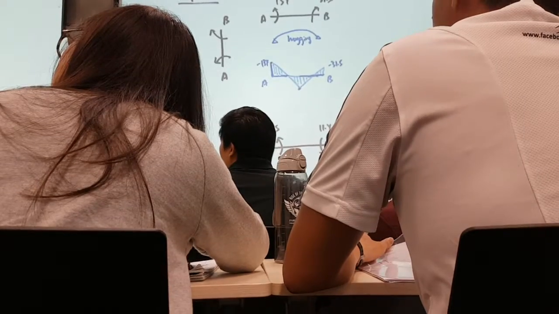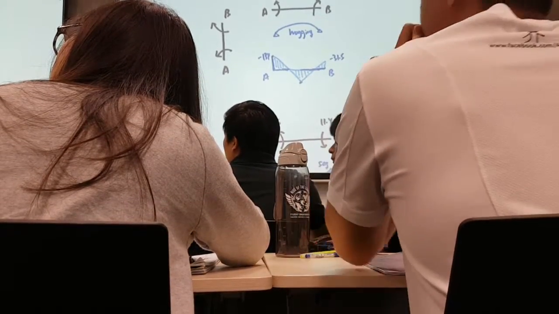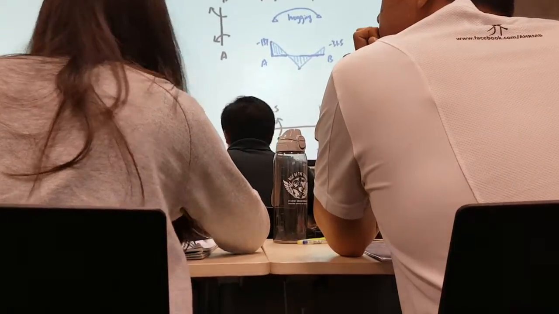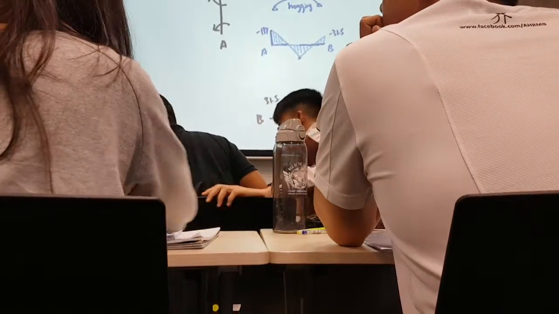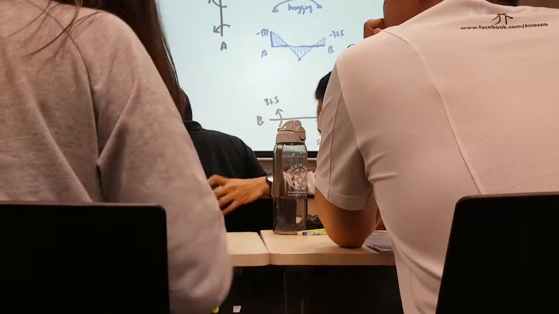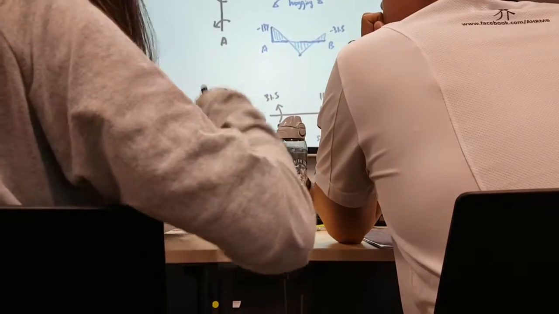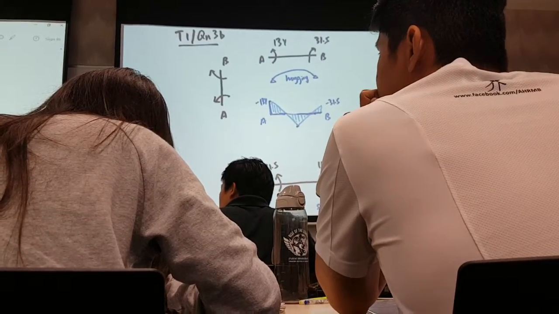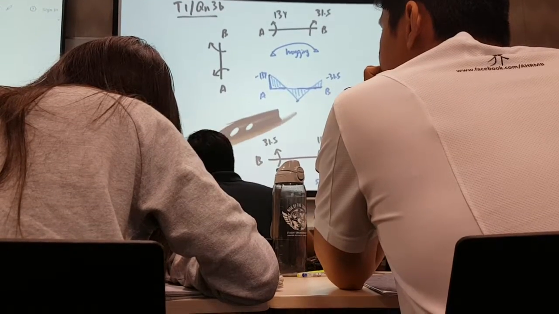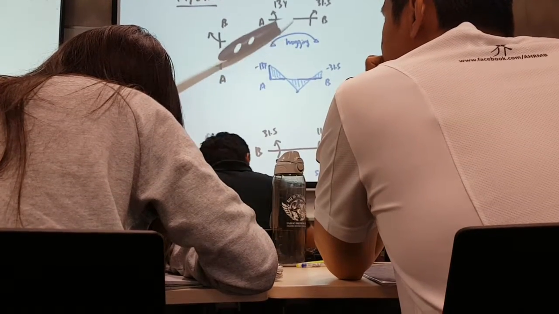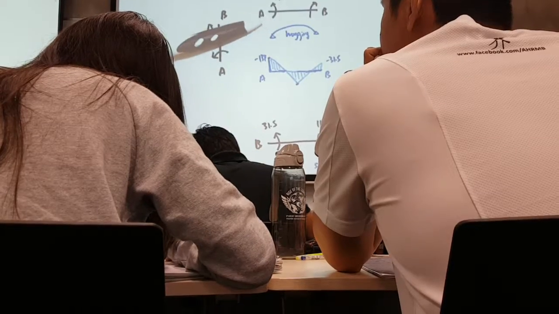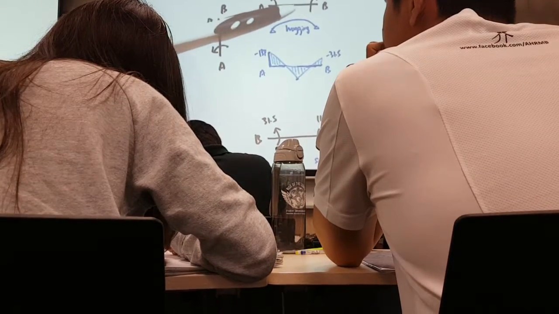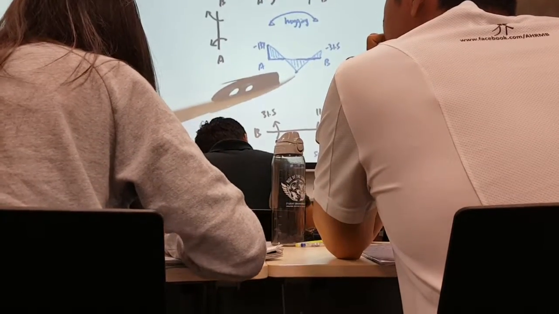The last time I drew a curve because it's a uniformly distributed load. A uniformly distributed load gives a parabola. If it's a point load, it is actually a point. You can see from here this is a point load, and the load acts right at the middle, so the maximum will be at the middle.